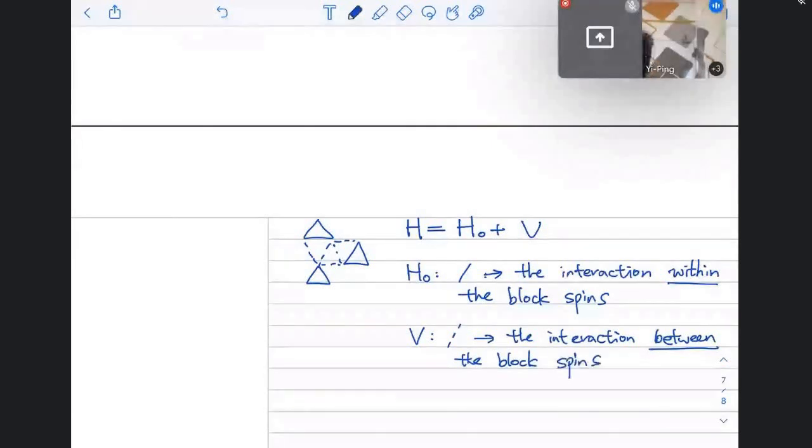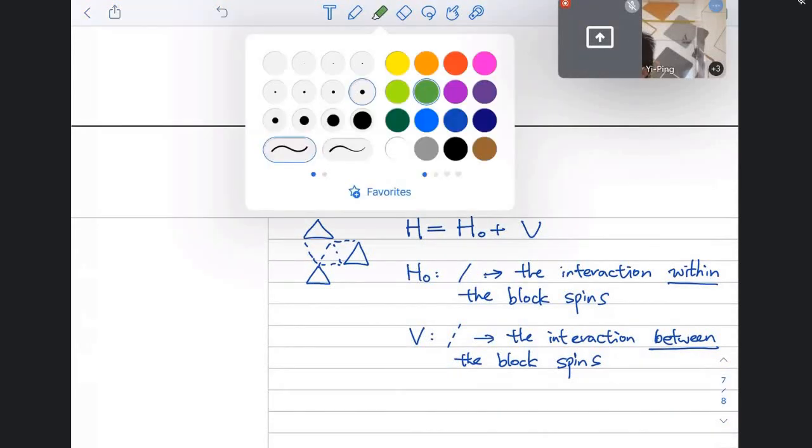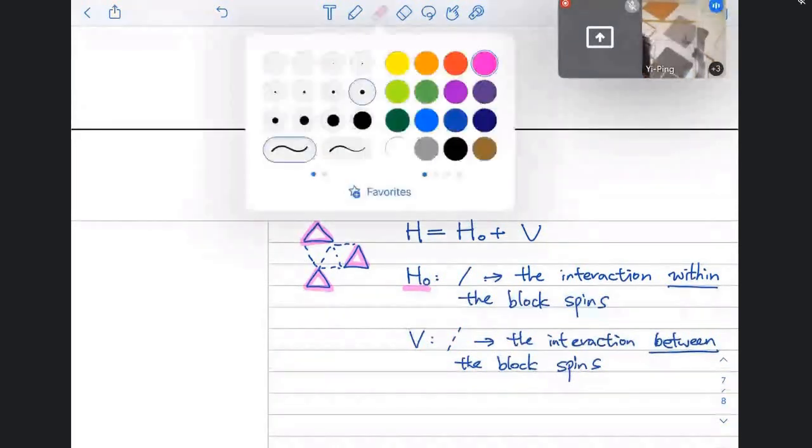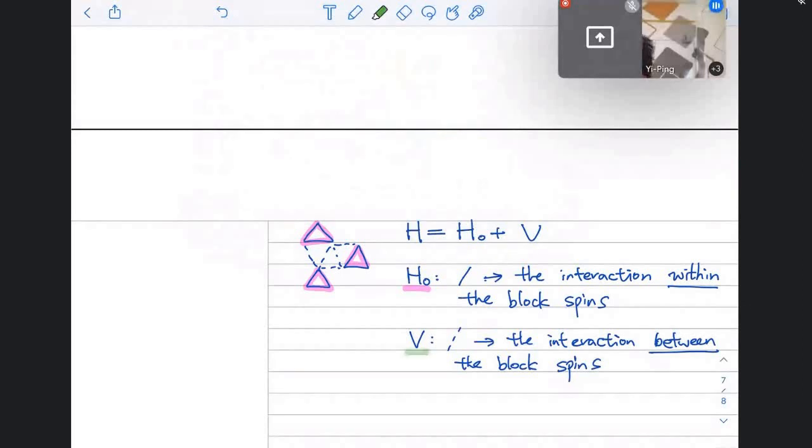Okay. So if I use the color pink to represent the H0, then these are the H0 interactions, and if I use the color green to represent V, these are the V's, okay?